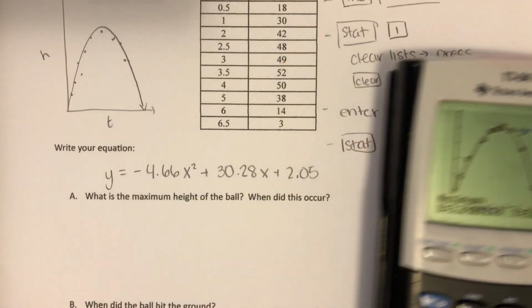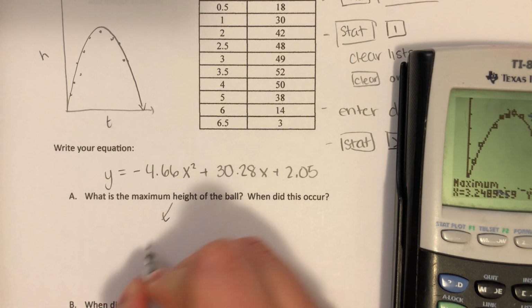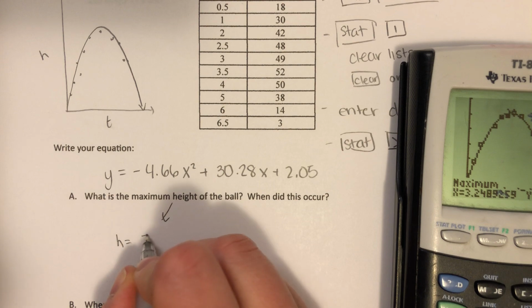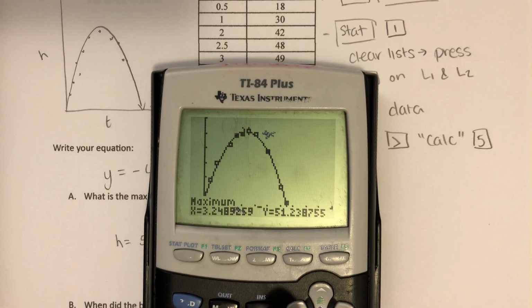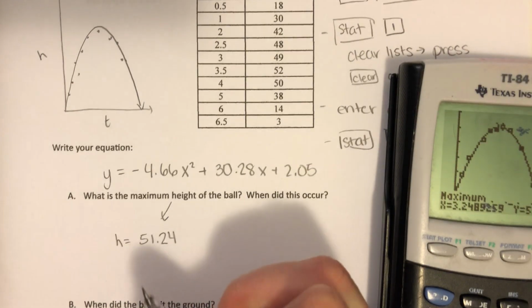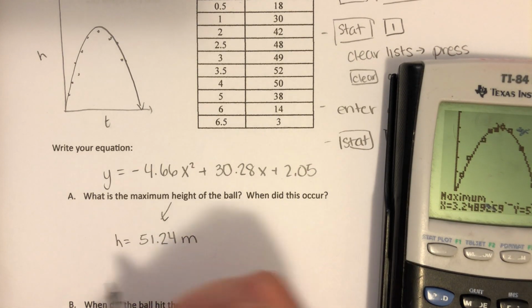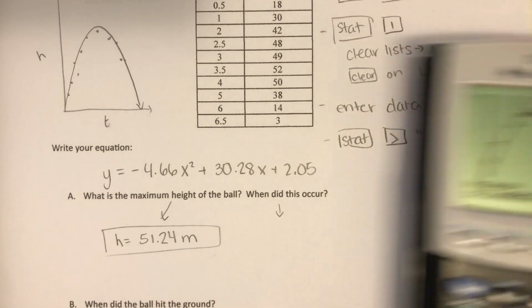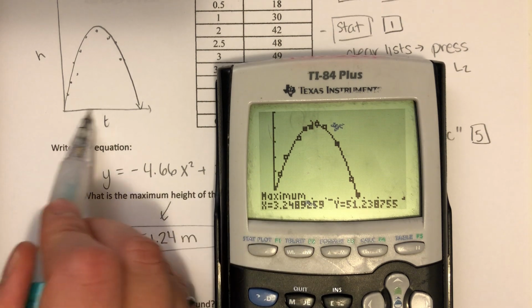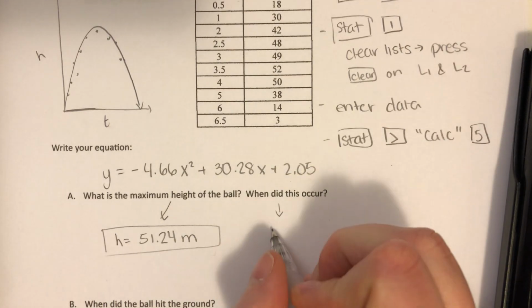My maximum, it asks me 2 parts here. So max height of the ball is going to be 51.24 when I round it. And it told me that that's in meters. So that's my max height. And then when this occurred is my x coordinate, right? We decided this was time. So 3.25 seconds when we round.